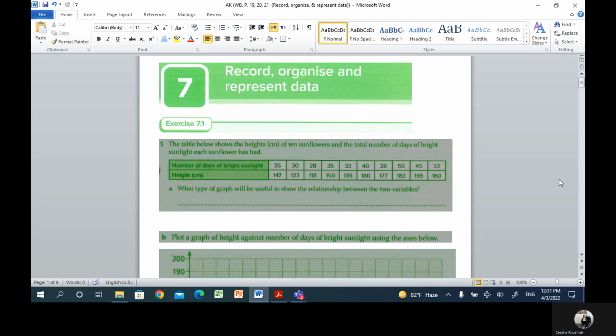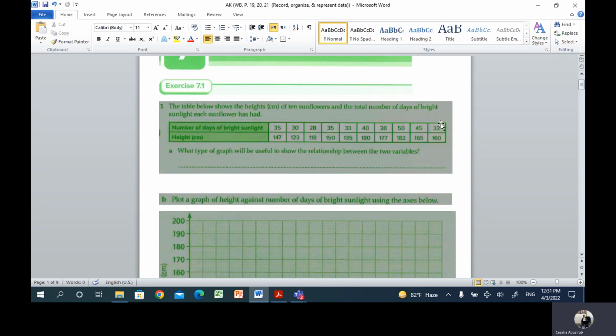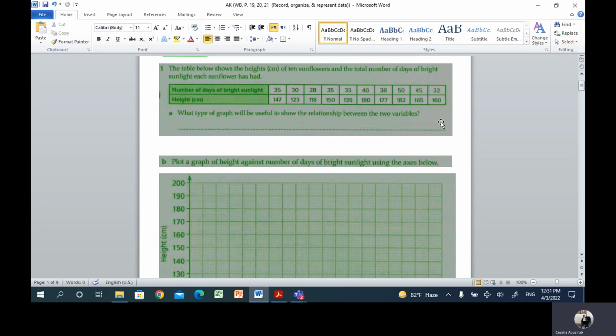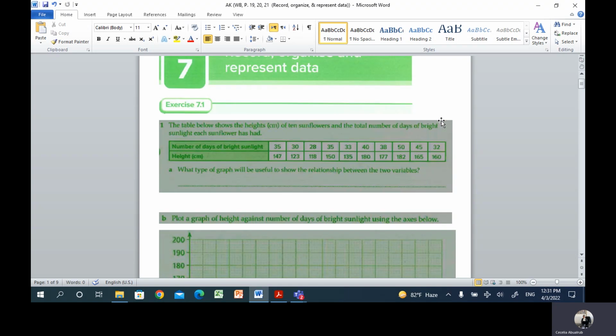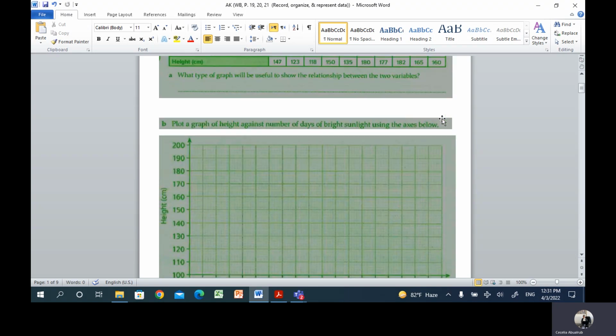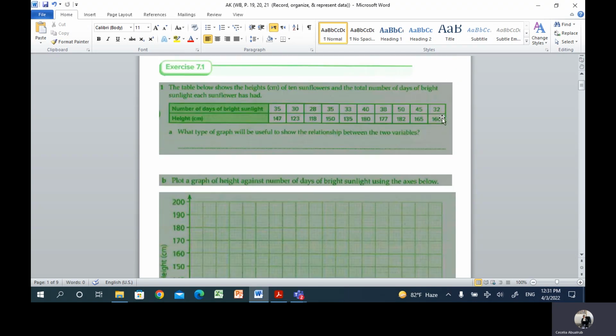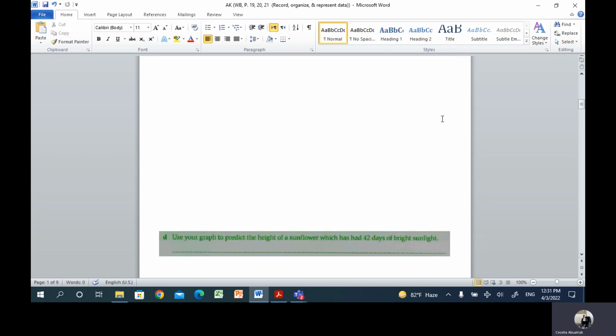And I thought the best way to learn it is by solving different examples, and each question will represent a method of displaying data, such as in the first question, it will be about scatter graphs.